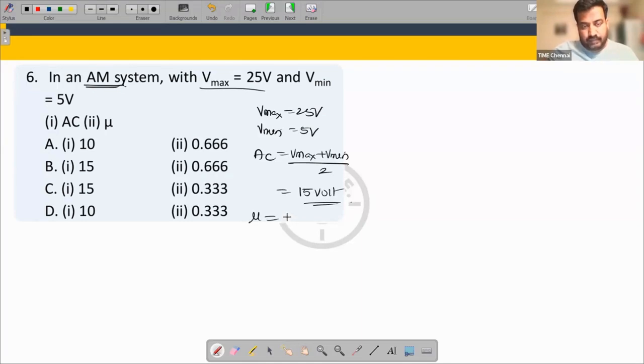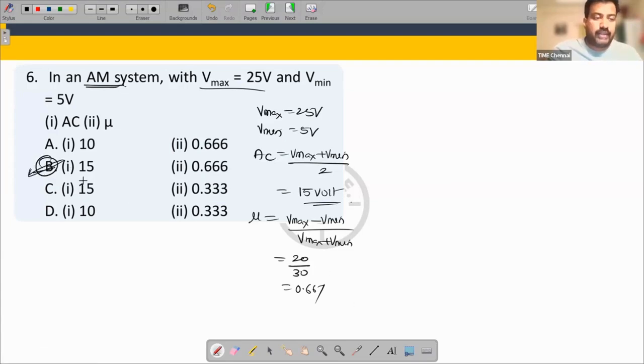Mu is Vmax minus Vmin by Vmax plus Vmin, 20 by 30, 0.667. The approximate one is this. Option B is the answer.